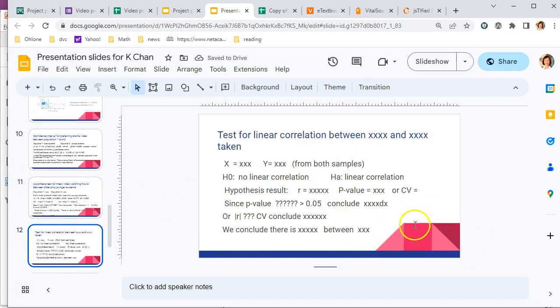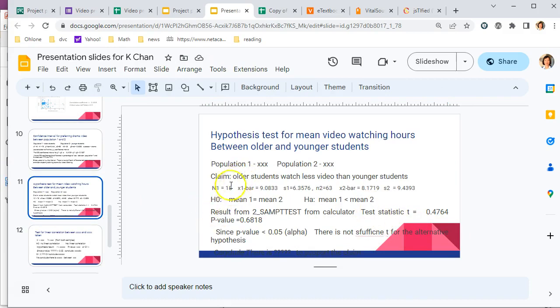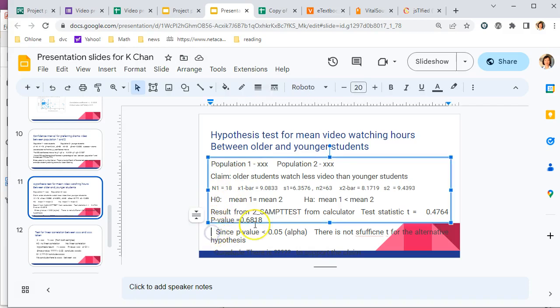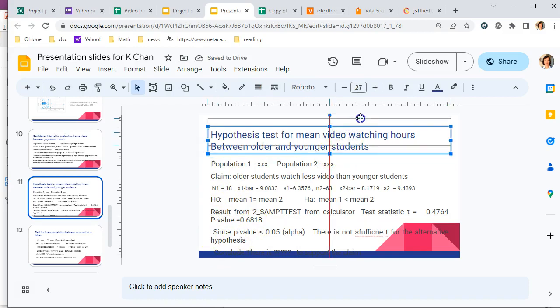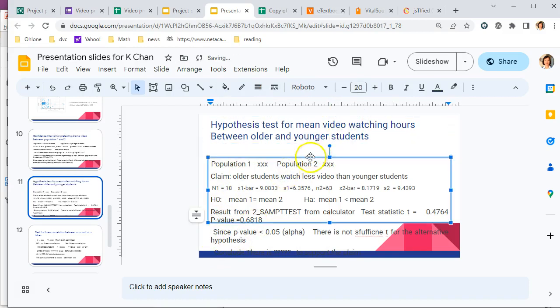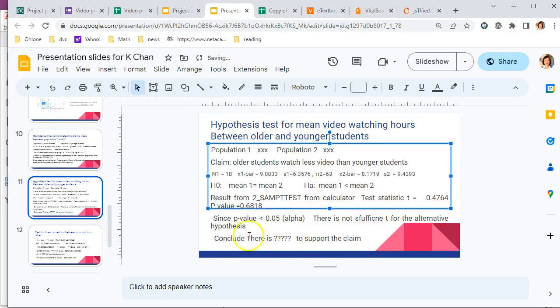For the alternative hypothesis, maybe what you can do is do the results here and then do another slide, because it's just very crowded here. Or you can move them so you can have more space. So what should we conclude? There is not sufficient evidence to support.